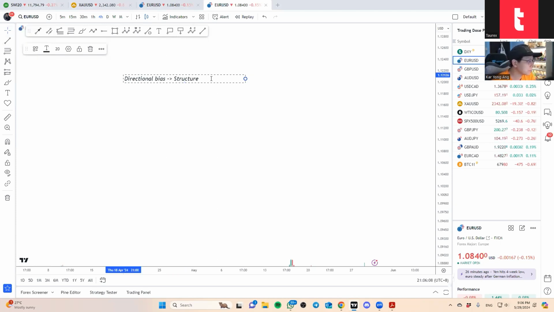Once we do that, the next thing is to identify what we call market imbalance. For market imbalance, there's a term we use called fair value gap, or FVG, where we use this technique to identify where the market left imbalance behind.